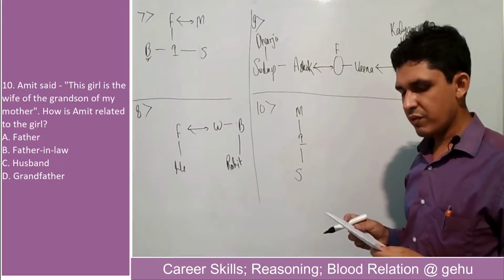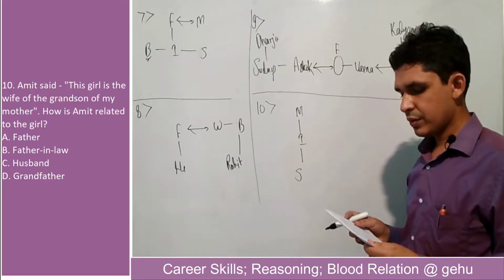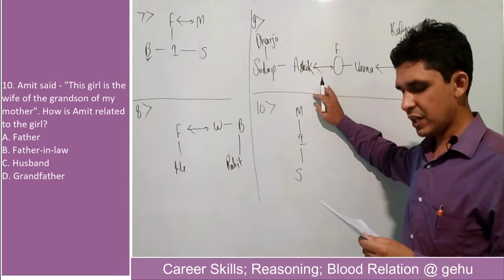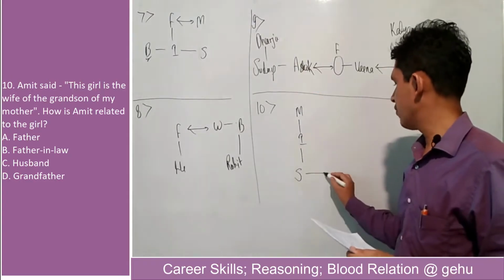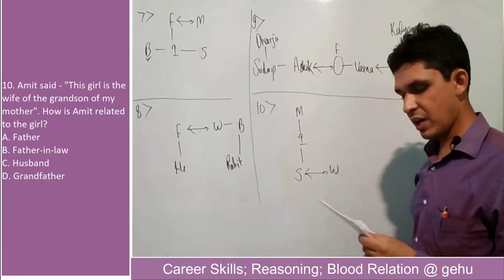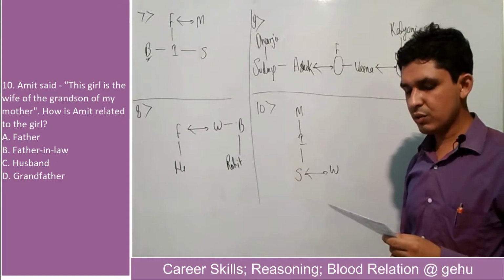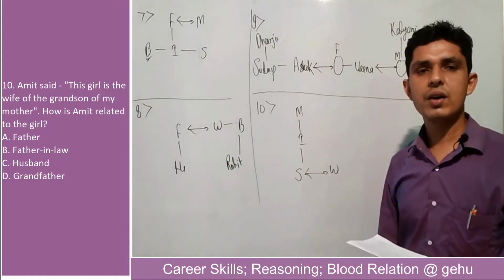The girl is the wife of the grandson of my mother. I, my mother, grandson of my mother, that means my son, and his wife, that means my daughter-in-law. Amir related to the girl, so Amir of the girl will be the father-in-law, right?